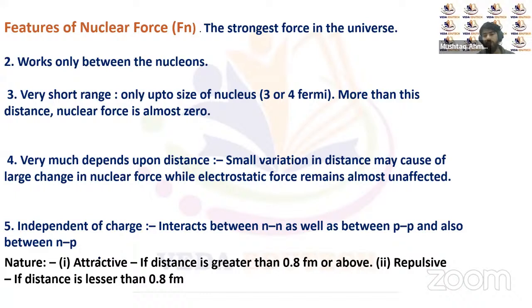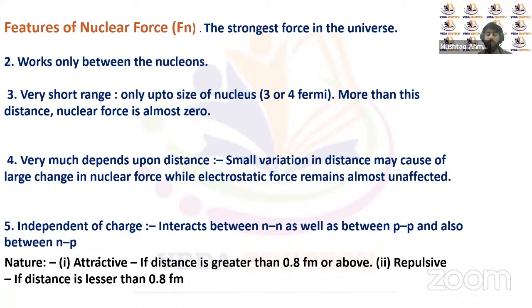So a small variation in distance may cause a large change in nuclear force, while electrostatic force remains almost unaffected. Electrostatic force depends upon the distance, but for a very small variation in the distance, it actually does not vary. Now, another important property of the nuclear force is that it is charge independent.